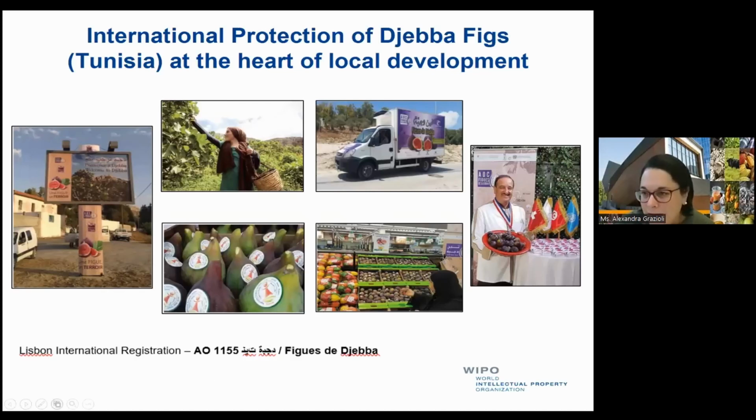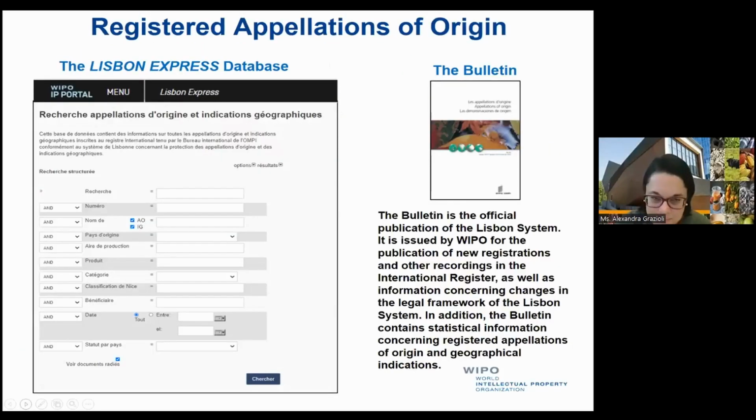So you see how with GI you can also secure local development and side activity that can have a positive economic benefit for the region. And international protection is part of that strategy.